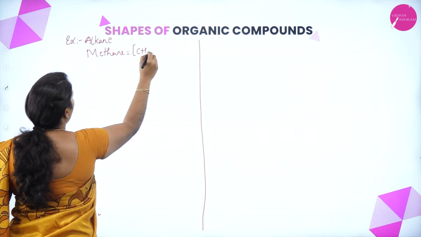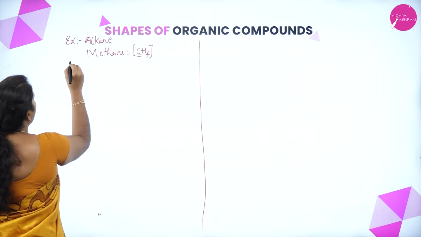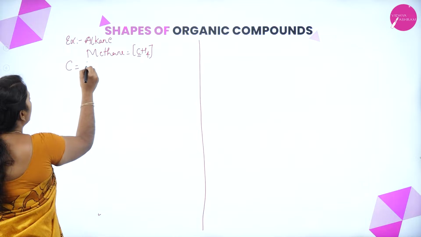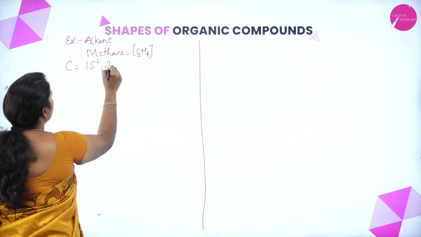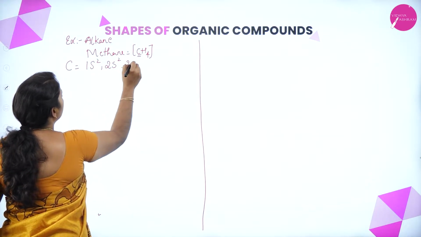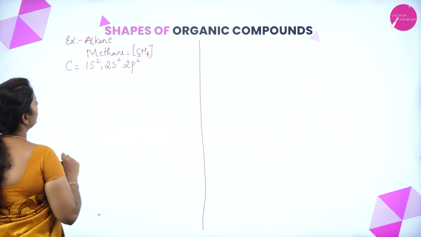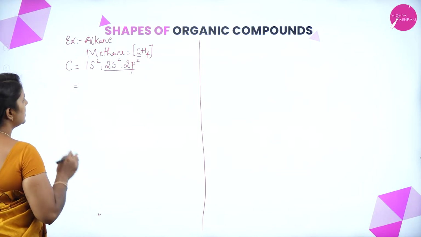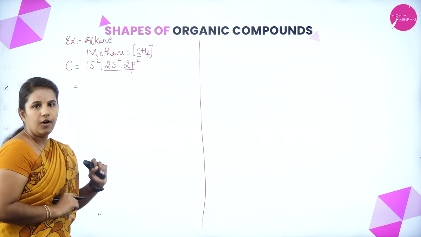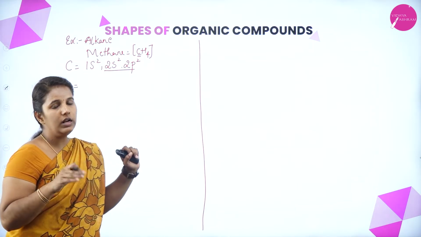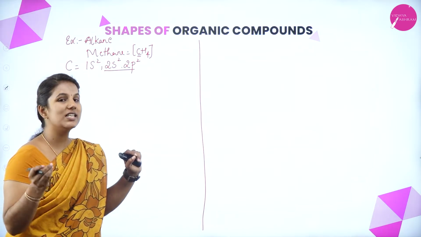It is CH4. In this, write down the electronic configuration of the carbon. It is 1s2, 2s2 and 2p2. If I want to express the 2s and 2p, the 1s orbital, which has 2 electrons, is not involved in bonding because it is inert.